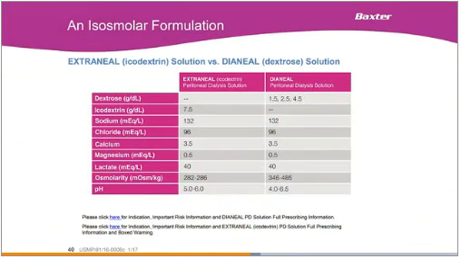I went over this slide fairly rapidly in previous chapters on purpose. But if you look again at the left side of the slide, the Extraneal concentration, and then to the right, the Dianeal. We did talk about the differences in dextrose, icodextrin, sodium, the same chloride, lactate, but go look at that osmolality. Extraneal has an osmolality in the 280s, the same as plasma. So Extraneal is isoosmotic.